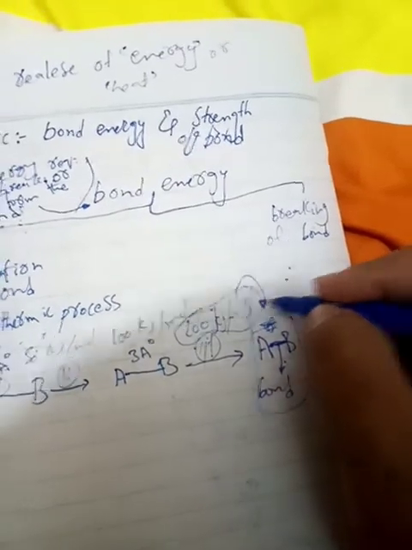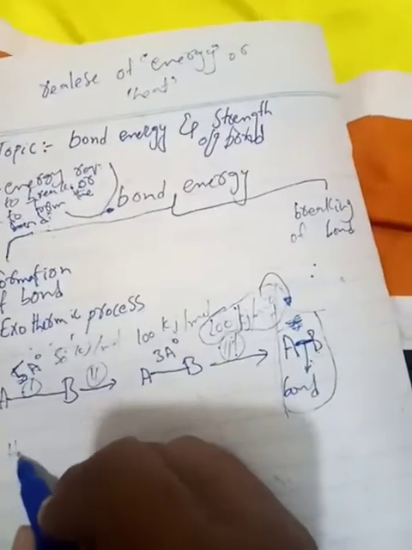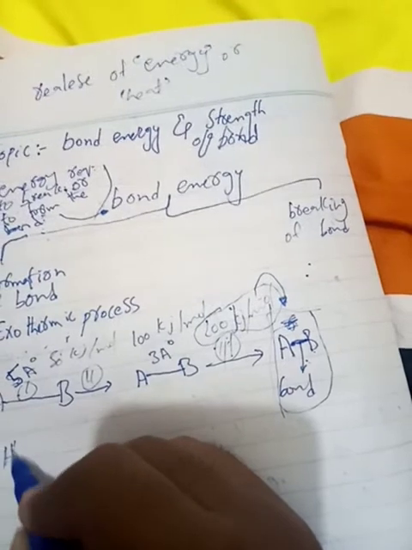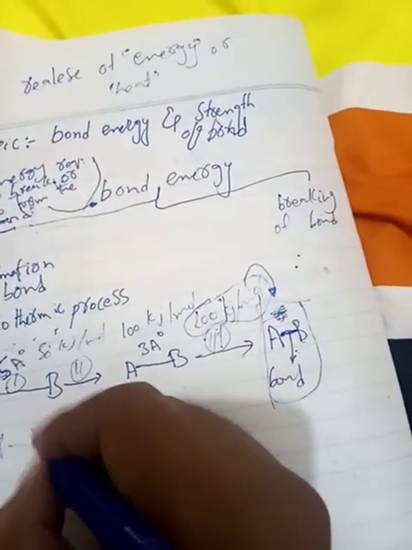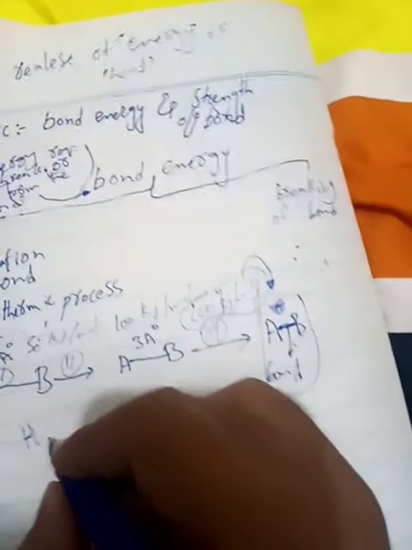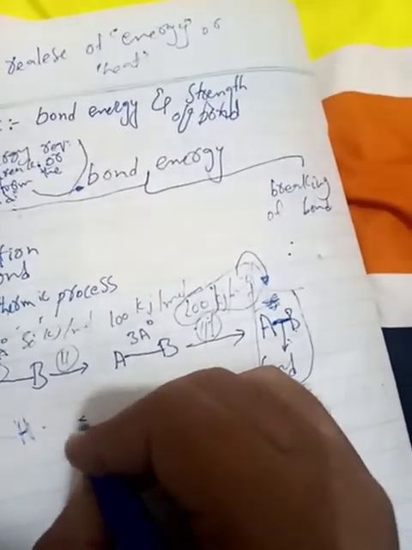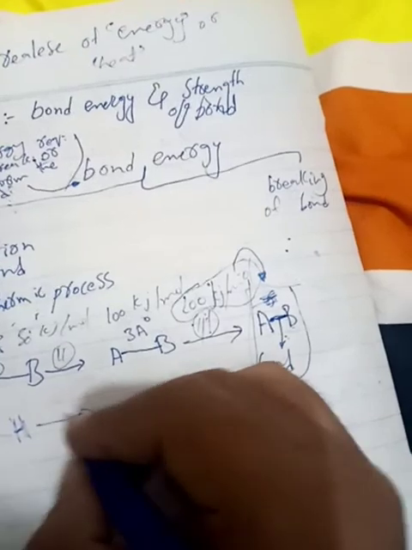For example, hydrogen and hydrogen will form H2, H-H. The bond energy of hydrogen is 436 kilojoule. Let me change my pointer.